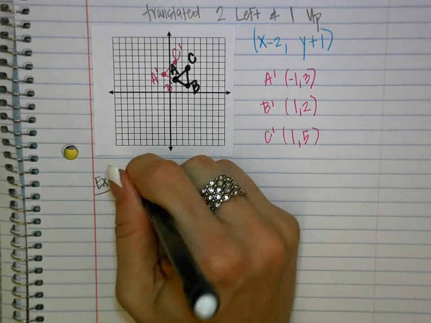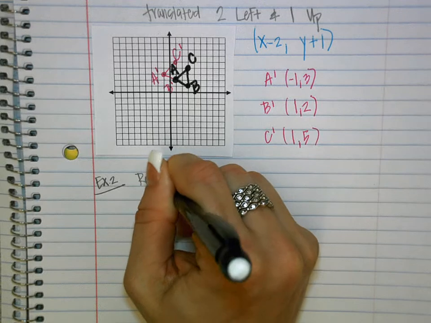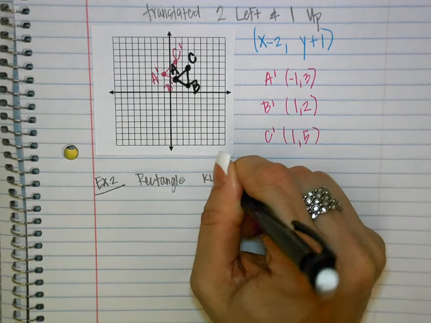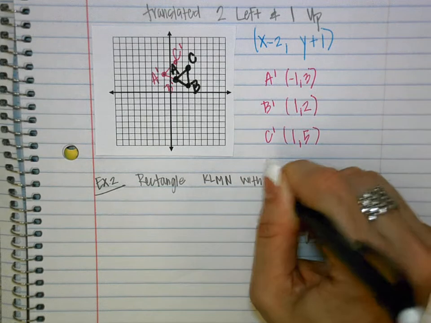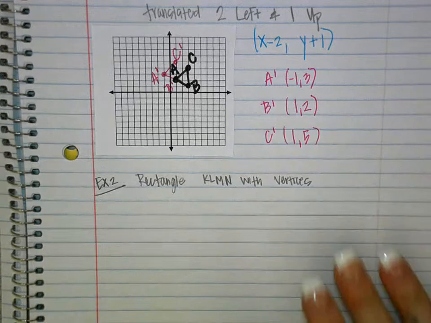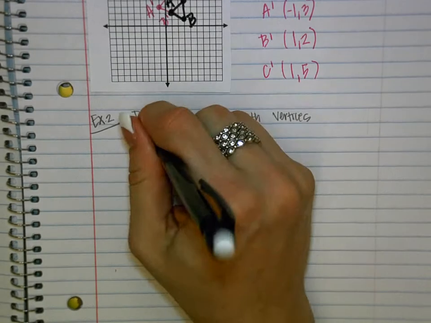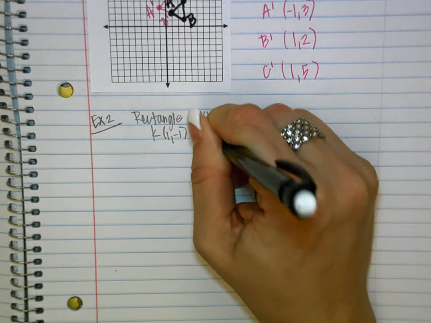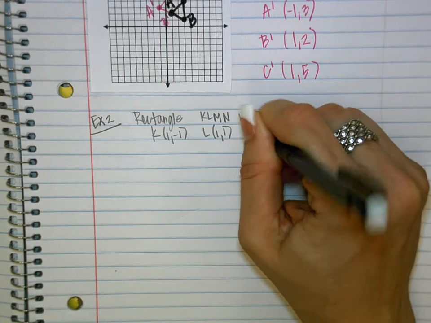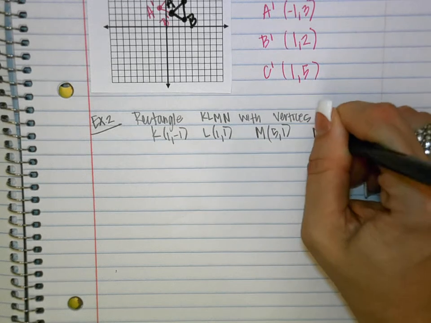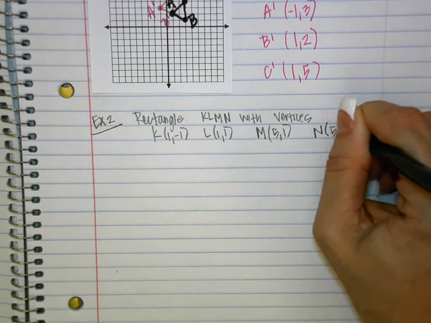Number 2, same type of idea. If we have rectangle KLMN with vertices at K of 1, negative 1, L is at 1, 1, M is at 5, 1, and N is at 5, negative 1.